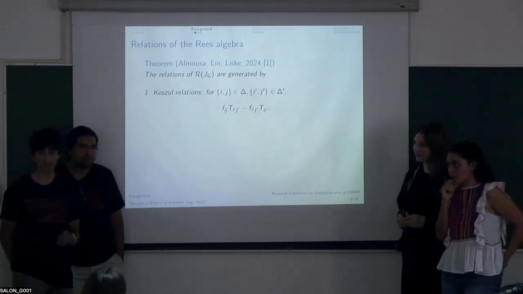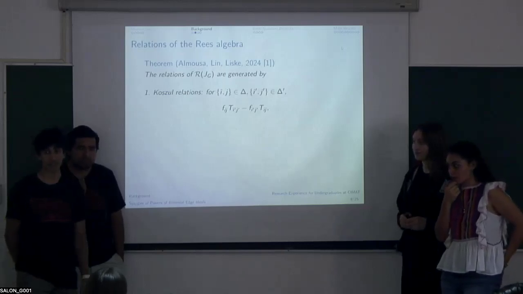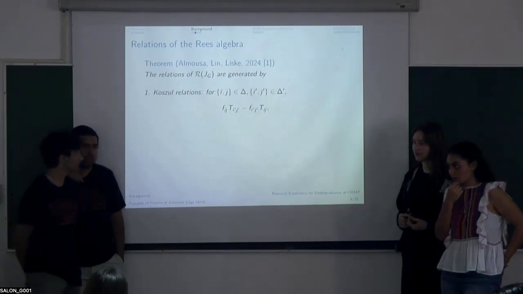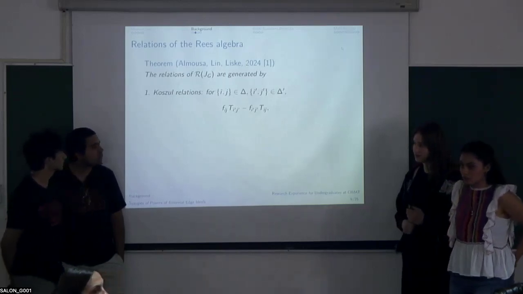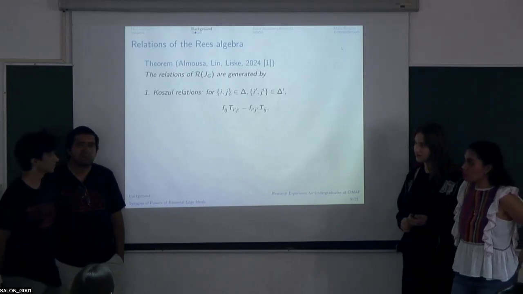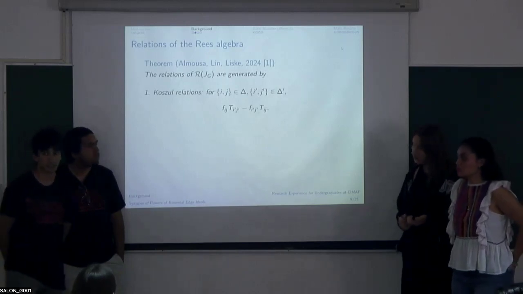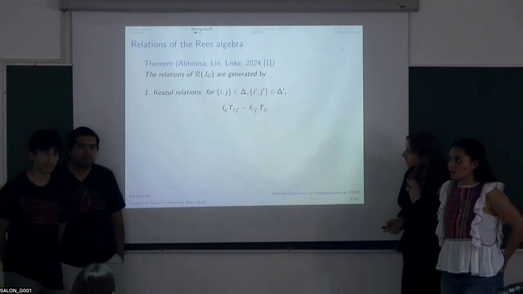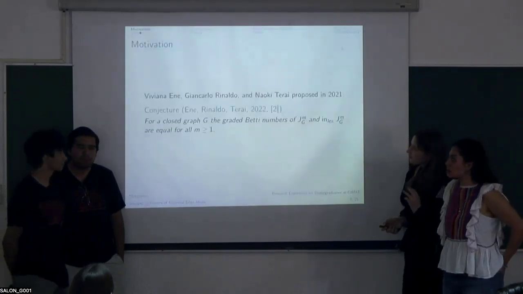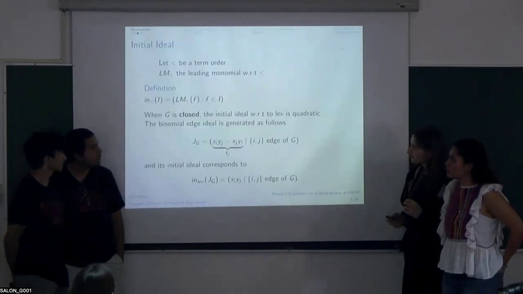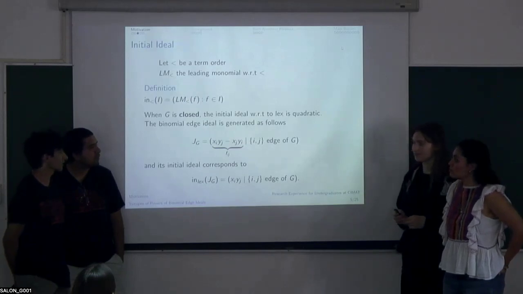One, the initial ideal is no longer generated by things in degree 2. Two, we still don't know that the Eagon-Northcott relations and the Koszul relations are the only relations. Yeah. Maybe there's some class of graphs for which this is true. I don't know.